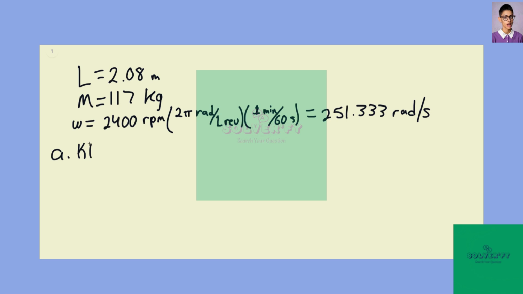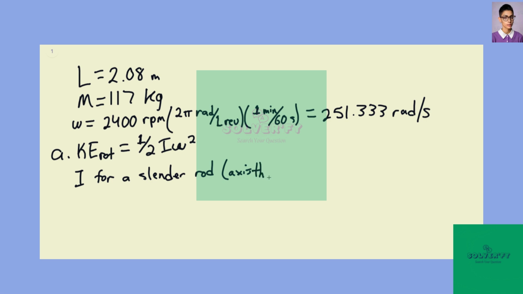So rotational kinetic energy is going to equal half times the moment of inertia times omega squared. For the propeller, we can use I for a slender rod, and the axis is through the center.